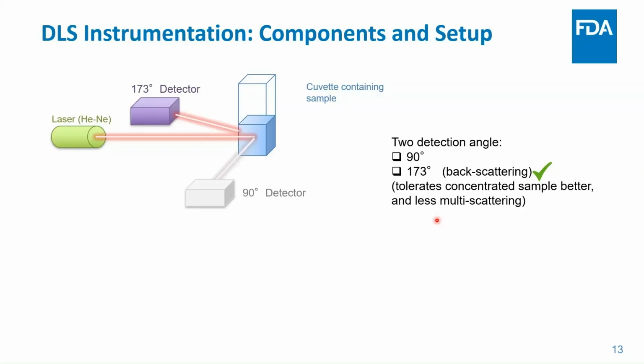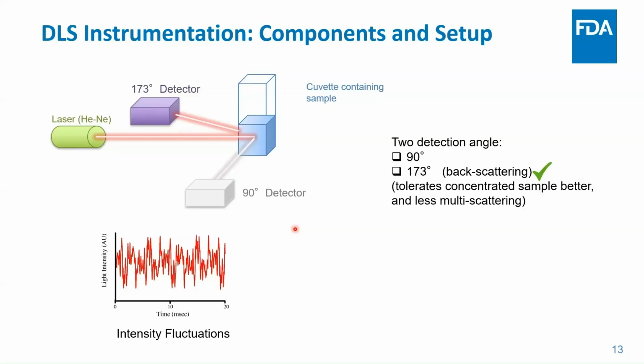So sometimes people use that as a general purpose for everything. As we'll see, it's important to know how the detector is measuring and at what angle it's measuring for comparative purposes.